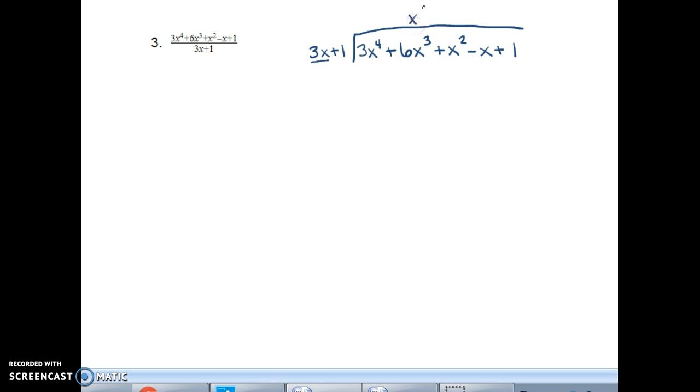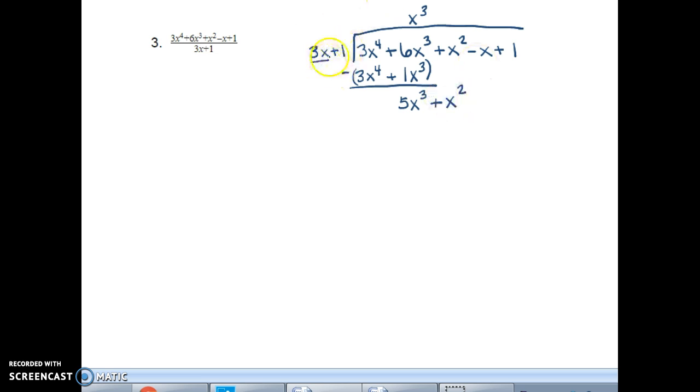You need an x cubed. x cubed times 3x is a 3x to the 4th. x cubed times 1 is a positive 1x cubed. Then you subtract. These cancel. 6 minus 1 is 5x cubed plus x squared.